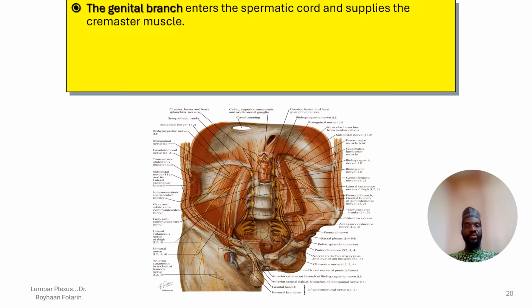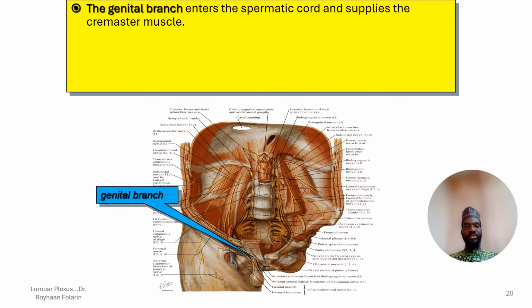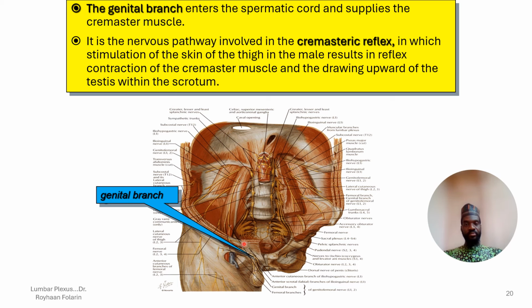So the genital branch enters the spermatic cord and supplies the cremaster muscle. This is the nervous pathway involved in the cremasteric reflex, in which stimulation of the skin of the thigh in males results in the reflex contraction of the cremaster muscle and the drawing upward of the testes within the scrotum.